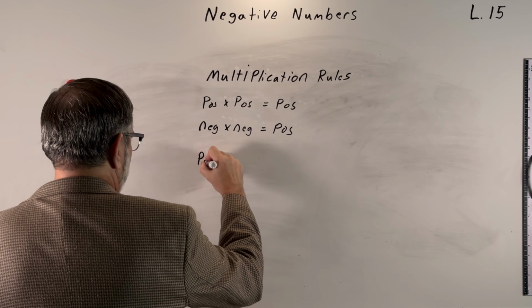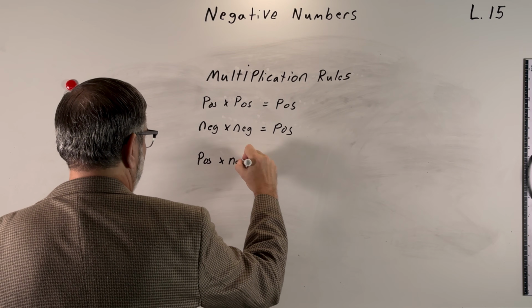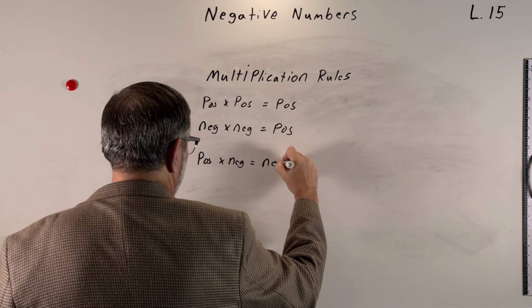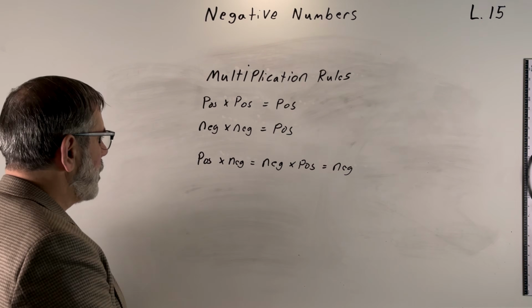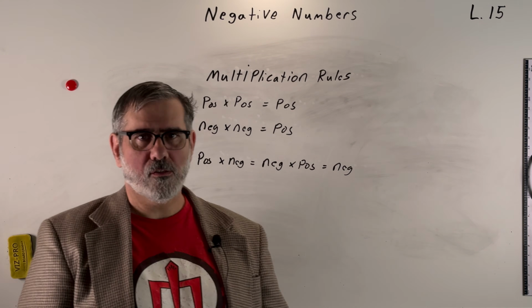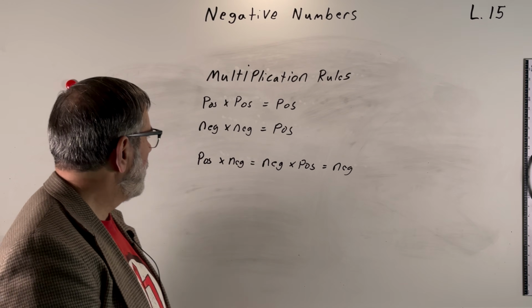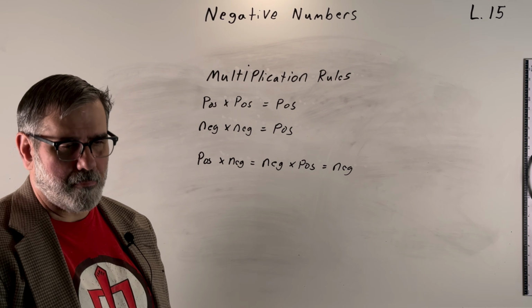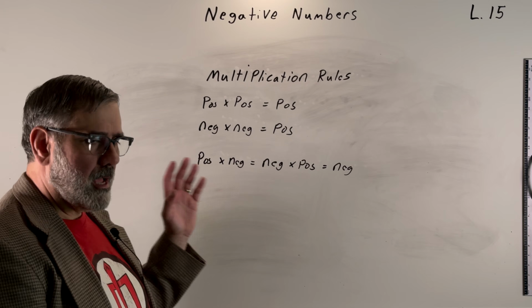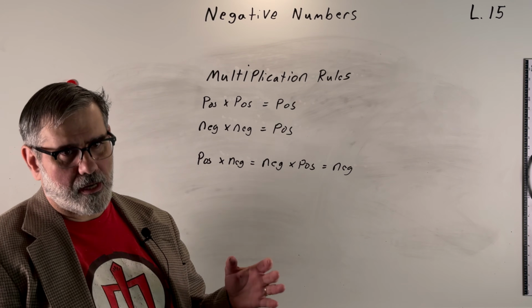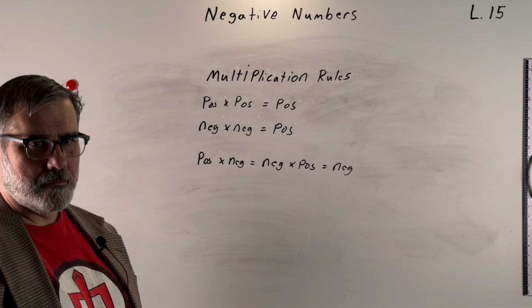And finally, a positive times a negative, which is also the same thing as a negative times a positive, is equal to a negative. So if you multiply two positive numbers, you'll have a positive product. If you multiply two negative numbers, you'll have a positive product also. If you multiply a positive number times a negative number, or a negative number times a positive number, you'll have a negative product.